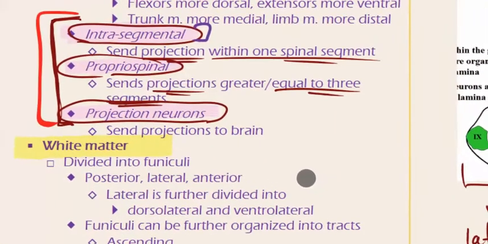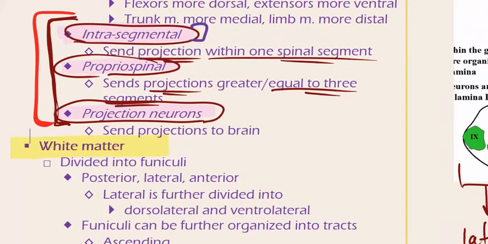Propriospinal is just if it's more than 3 segments. If it's moving 3 or more segments, that could still be within just one region of the spinal cord, like L1, L2, L3. It's sending its axon within 3 or more spinal segments. So it could be from L2 to T12. Exactly, 3 or more.